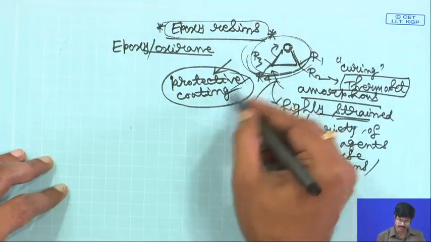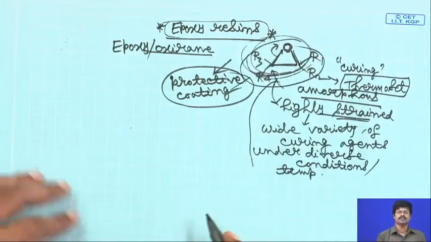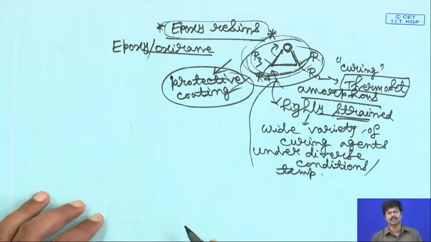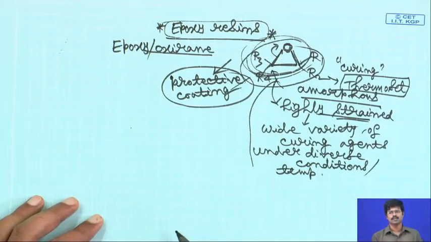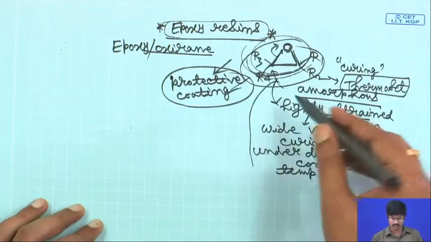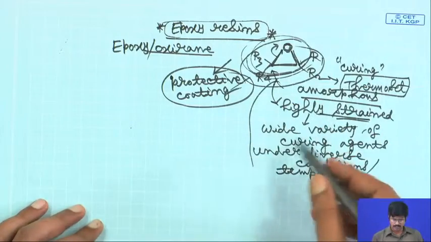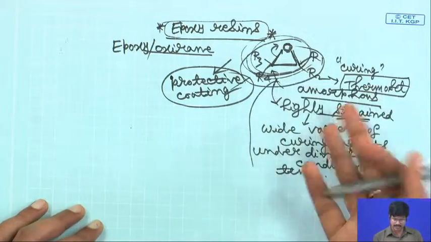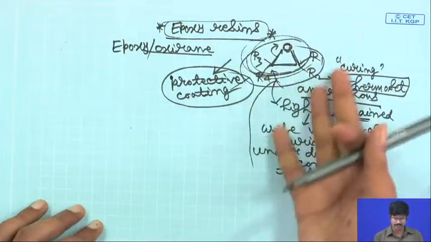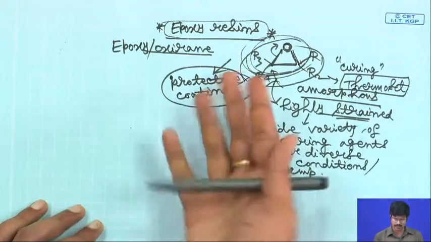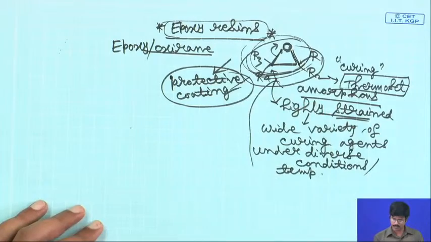So, that is what imparts versatility to these epoxide linkages, because ultimately you are going to get thermosets by opening up these epoxides and cross-linking different chains, and these are highly strained, as I have already told, and a wide variety of reactants, a wide variety of cross-linkers or curing agents you can use.